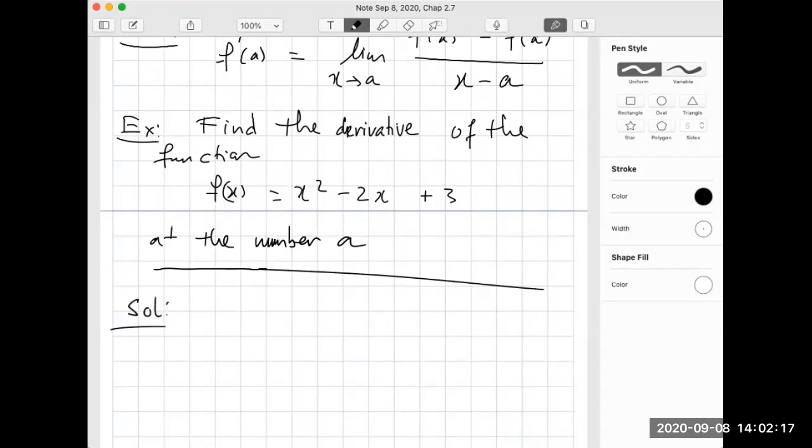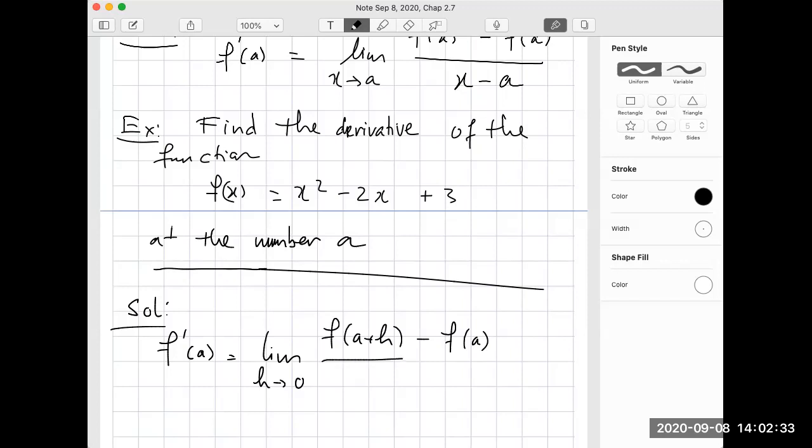Then what we need to do is to compute it. f prime at a will be the limit when h approaches 0 of f of a plus h minus f of a divided by h, right?